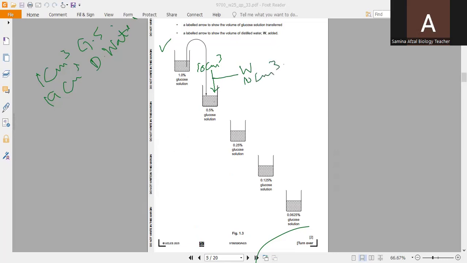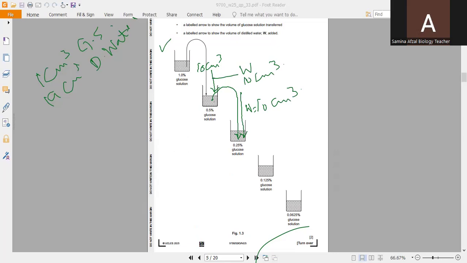Now we have this 0.5% glucose solution, of which we have to take 10 cubic centimeters into this, and again the 10 cubic centimeters of W we will add into it. Now the solution which will be ready will be 0.25% glucose solution.